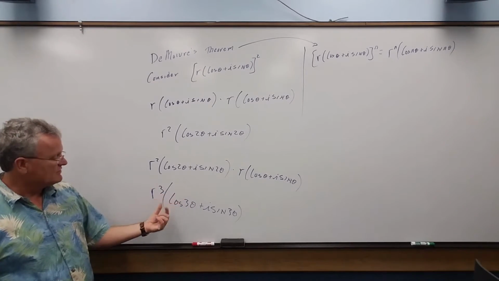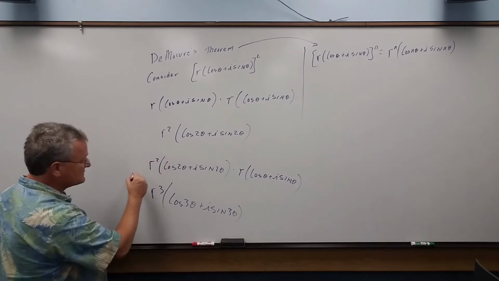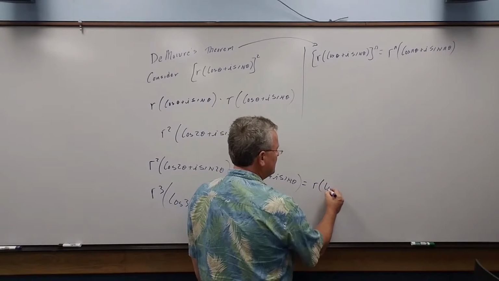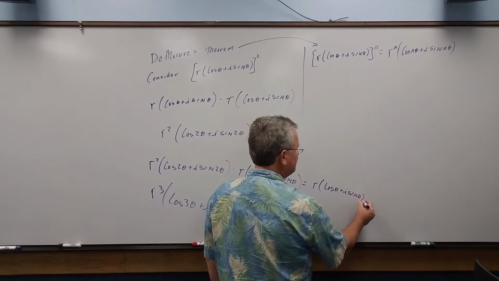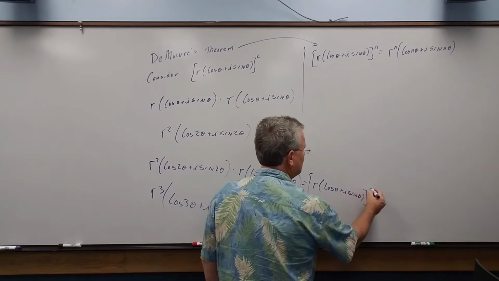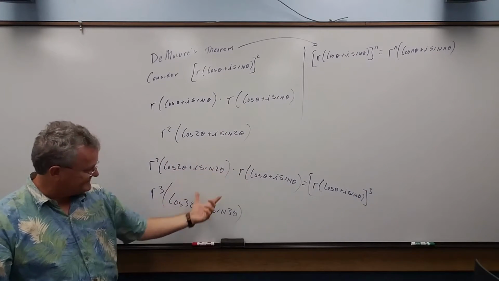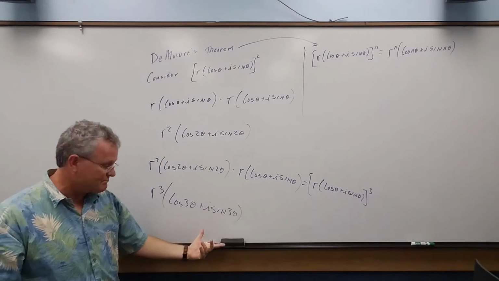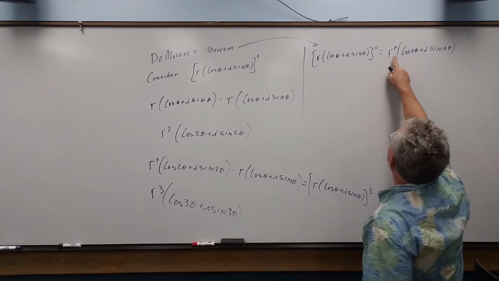But in general, what's going to happen is, this expression here is equivalent to r cosine theta plus i sine theta cubed, right? And we see it's equal to this. And if you just keep going and extend the process, we end up with r to the n.